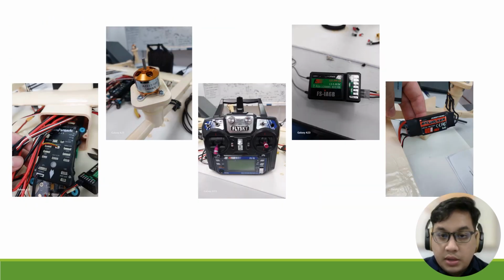So essentially, the internal part of the system is a very simple setup. Basically, we have a controller, the Pixhawk. We have a motor, a battery, of course. We have a radio controller, and we have ESCs to control the motors. For now, this is the setup that I have decided on.